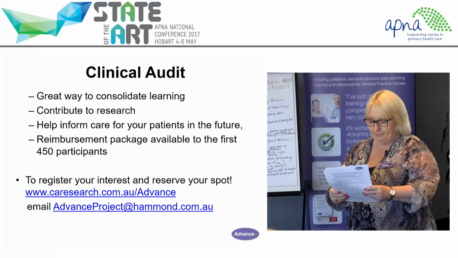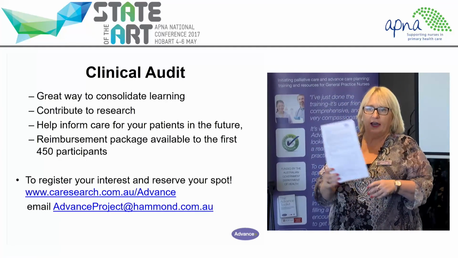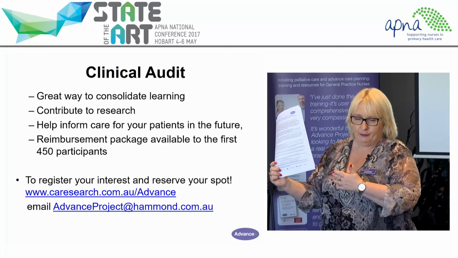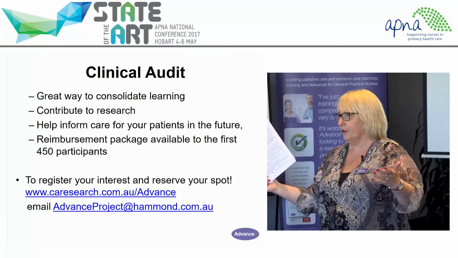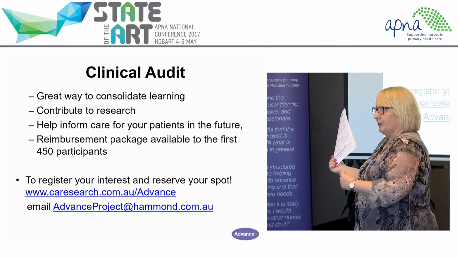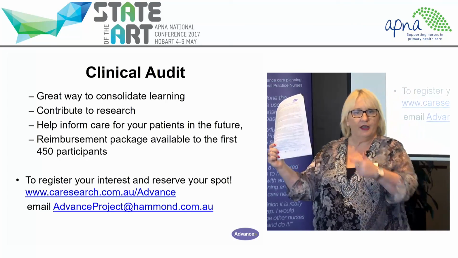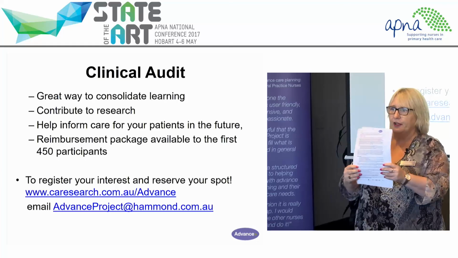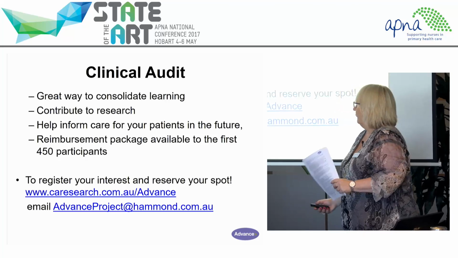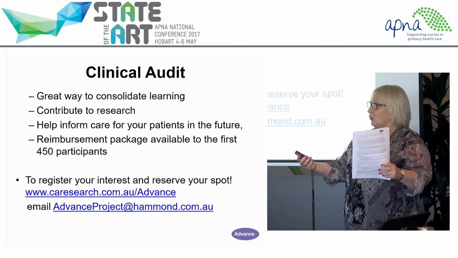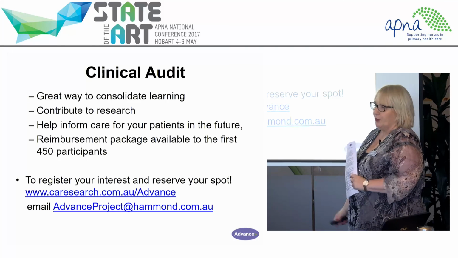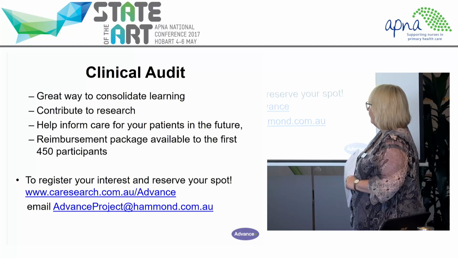So we have a gift card of $100 that we will give to you if you're able to give us some of your de-identified patient data, and we'll also give a small token of appreciation of $170 to the general practice because we're using their patients. But that's all documented there on those information sheets, and by all means email us to get in contact and we can help explain it more, or help explain to your practice if you think that's worthwhile. So if you're going to go out there and use it, we'd love to have your feedback about the tools being used on your patients.